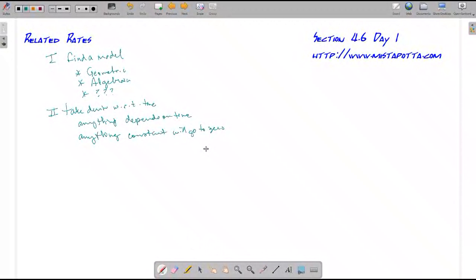But the third thing that I need to do, once I've actually taken this derivative with respect to time, is substitute the known quantities.